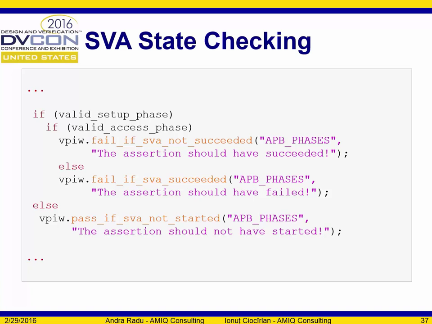If we drive neither valid setup phase stimuli nor valid access phase stimuli, the assertion should not be triggered, since it doesn't see the setup phase stimuli. So we expect that the SVA didn't start. This is the last branch you can see down here. We use the stimuli pass if SVA not started API, otherwise it will issue the error presented as an argument.